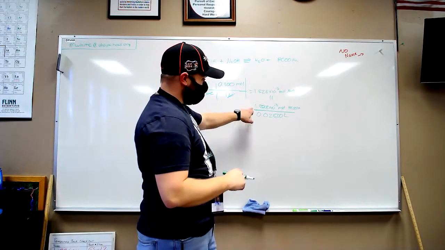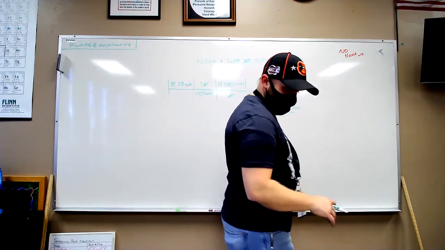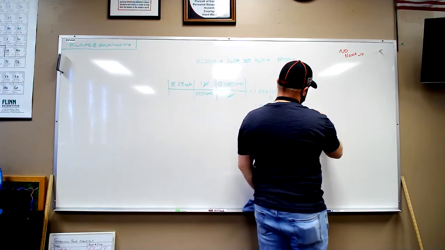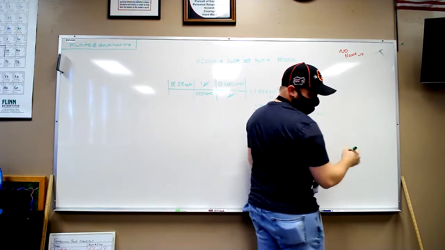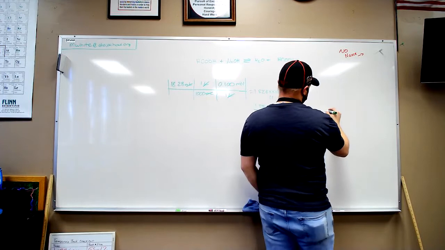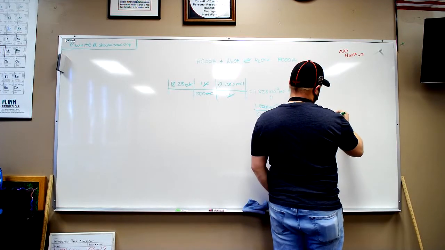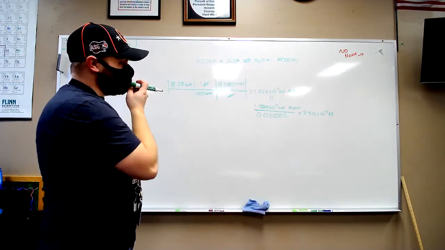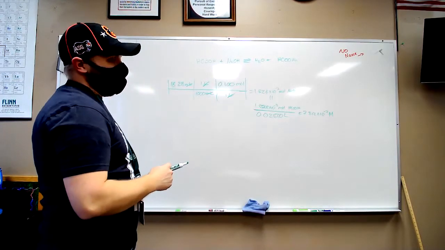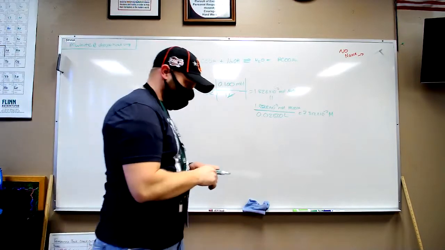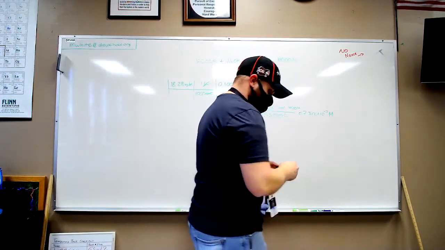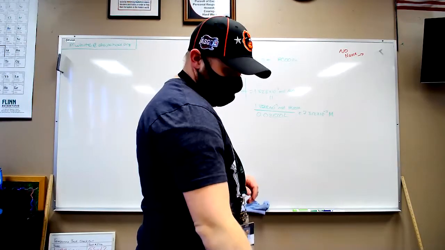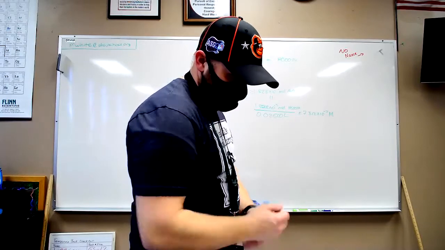So we take this number of moles divided by that volume, and what we get is 7.312 times 10 to the minus second molar. Okay. So that's what we're going to do. The calculation sheet that I will give you walks you through all of these steps. So we'll practice that.